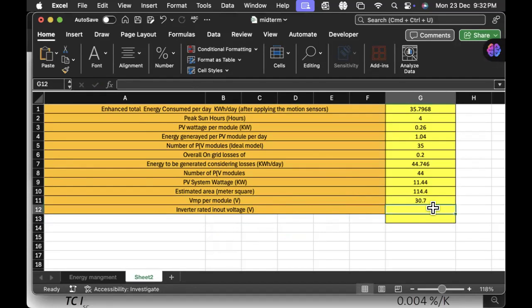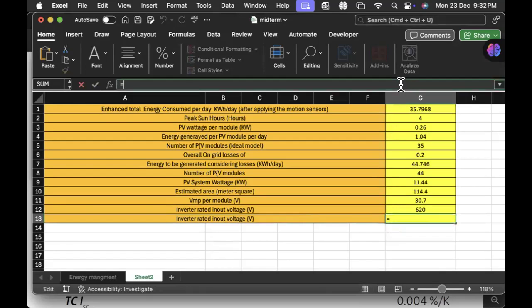So this is 620. So now what we are searching for is, when we divide these two numbers together, that calculates the number of PV modules you need to connect in series per string in order to fulfill this voltage.